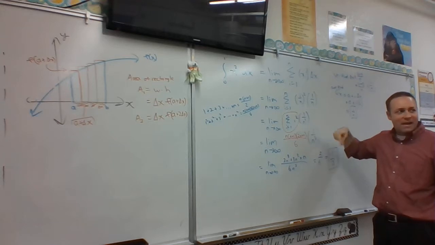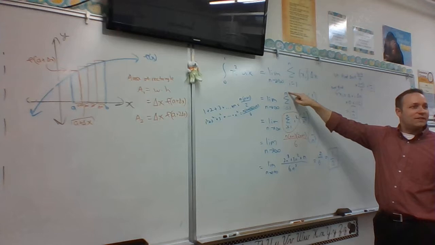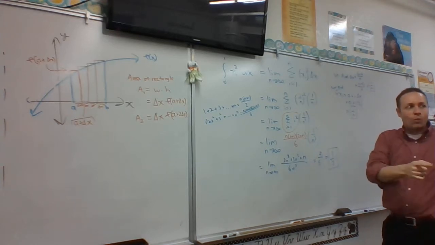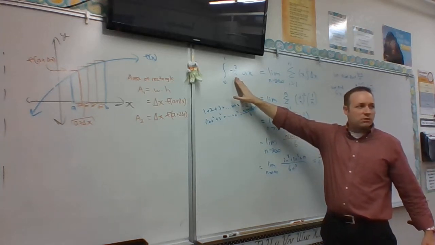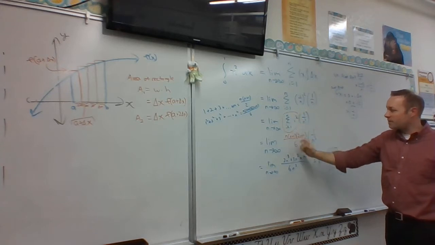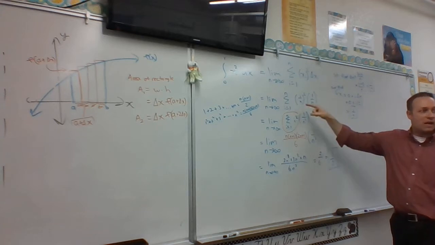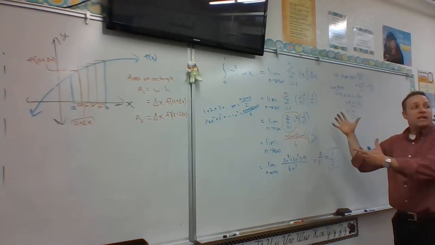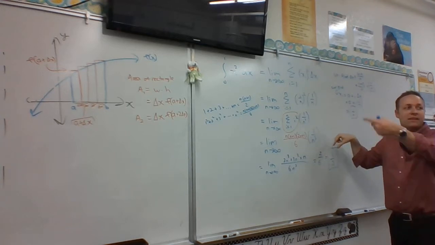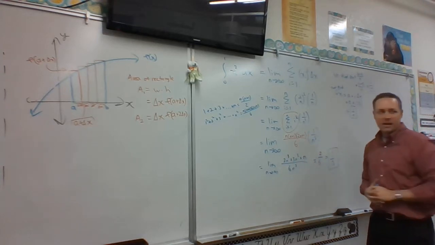And how many times do we end up adding that 1? n times. So if you had 3x plus 1 as your original expression, then that plus 1, when you get rid of the sigma, needs to become plus n because you added 1 to your expression n times. If it was a plus 3, then it would need to become plus 3n because you added 3 n times. But with limits, things come out nicely.